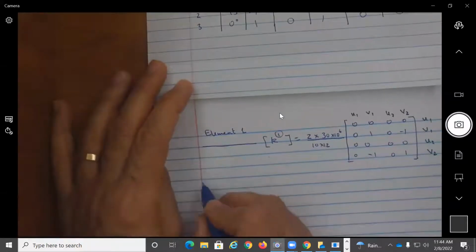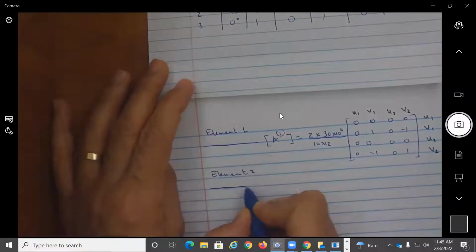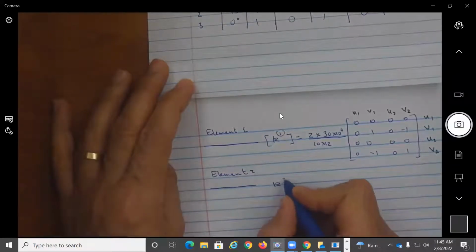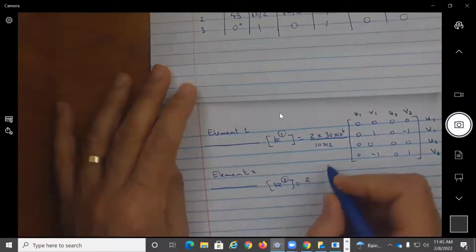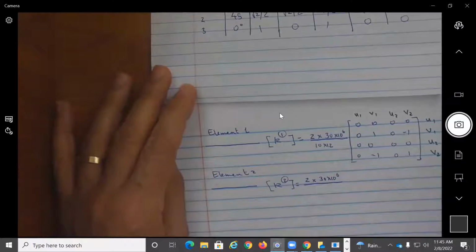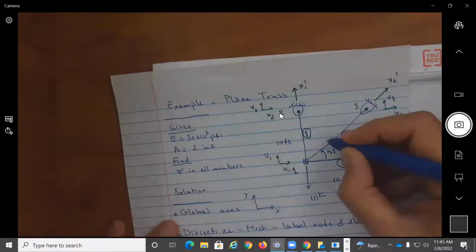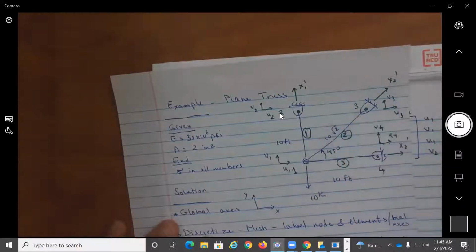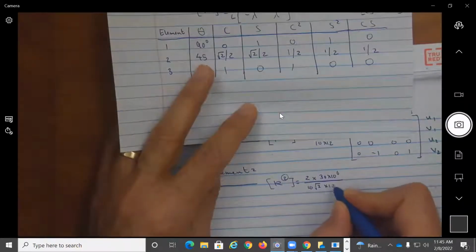Next, I'm going to go to element 2. So I have here a K for element 2 equal to EA over L. So A remains the same, times 30 times 10 to the power 6 divided by the length. This is 10, this is 10, this is 45. So this is 10 square root of 2, the length, right? So I get here 10 times the square root of 2 times 12 to go to inches.